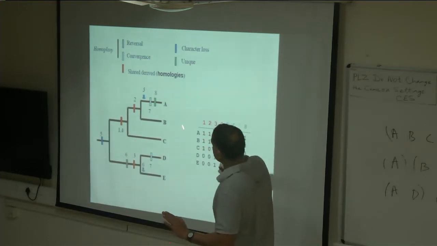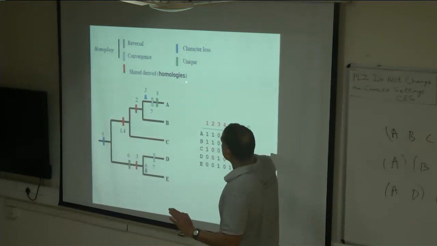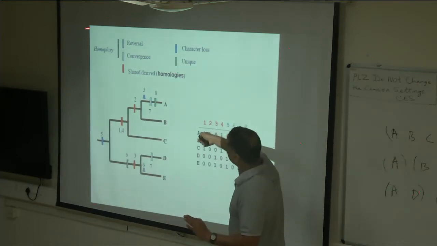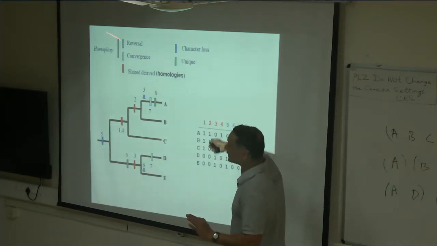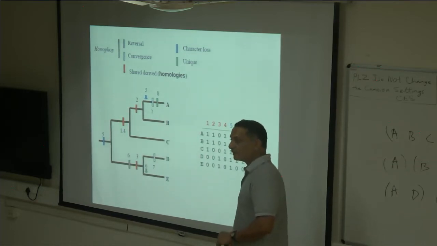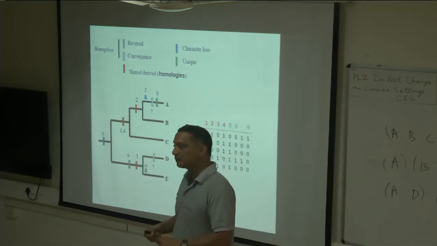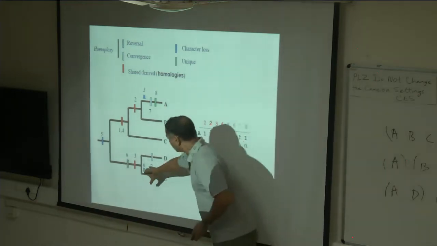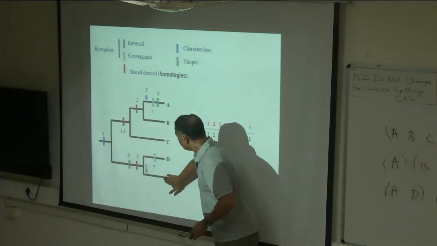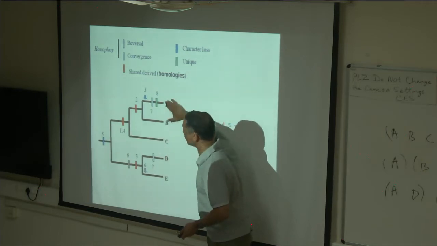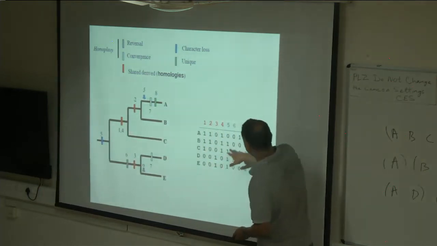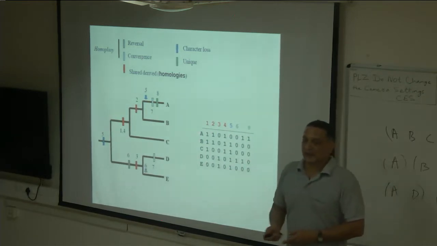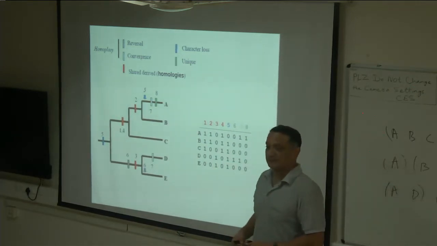The rest of the characters, some of them, so these are shared derived characters or homologies, whereas these are homoplasies, reversal, and convergence. Remember, when you have convergence, it is supporting the wrong tree. When you have reversal, then this taxa is looking more like these, right? This situation here. And these are called homoplasies.